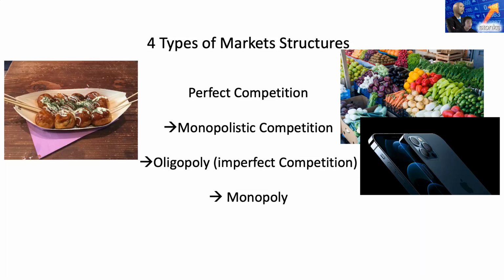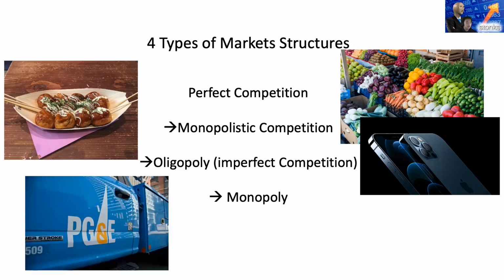But the government is still not going to break up some monopolies, like PG&E. That is a monopoly. Google is on the borderline of oligopoly and monopoly. It's legitimately on the borderline, because they have the majority of the market share, but if you don't have Google, you can still survive.